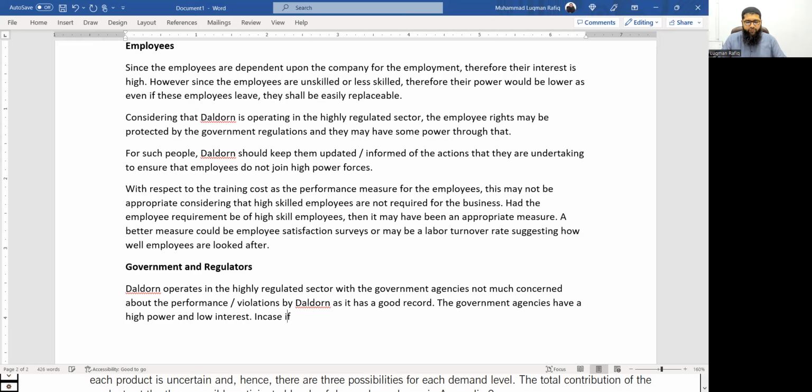In case their interest increases, they become a key player for the business. As such, no performance measure is available for the government and regulator.